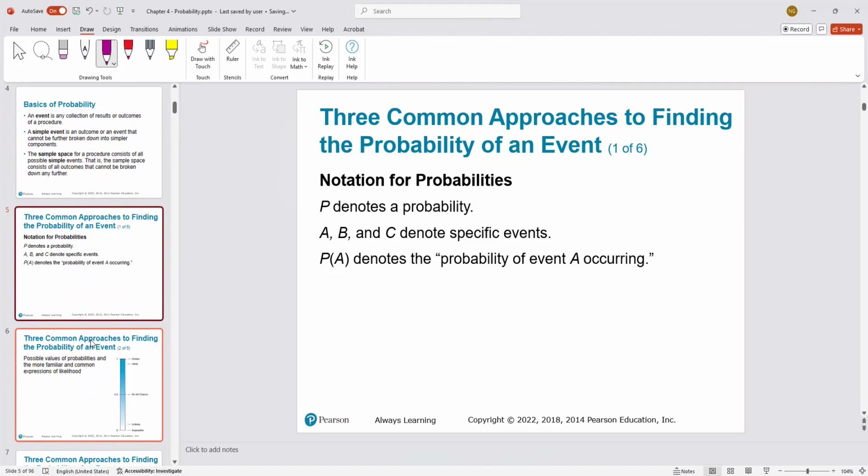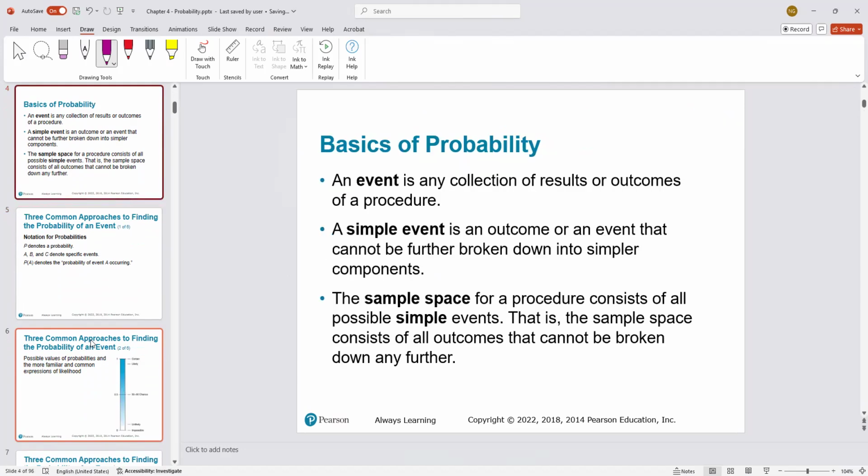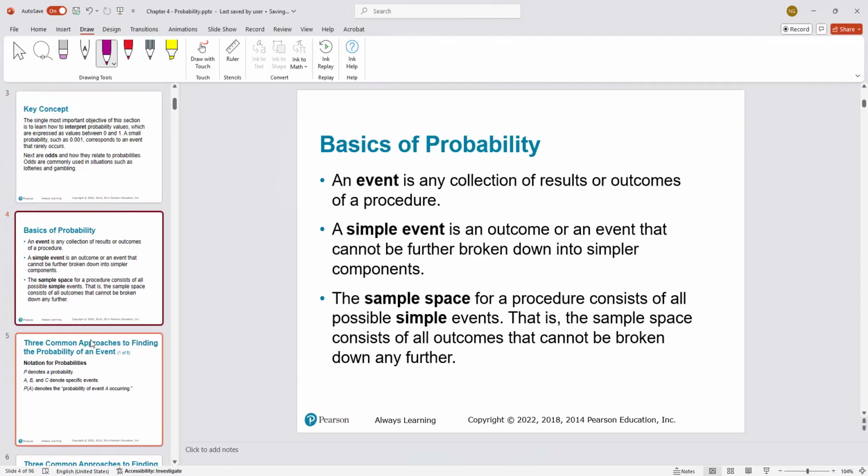Most of all, probability plays a central role in the important statistical method of hypothesis tests. We're going to talk about it later.